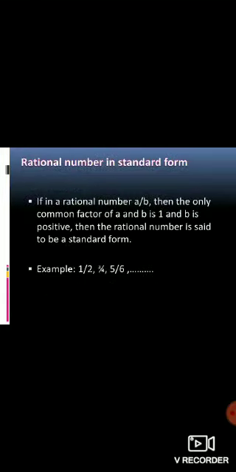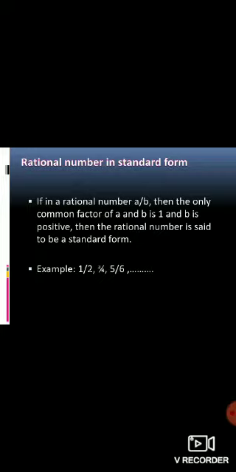Next, rational number in standard form. What is standard form? This is also a definition, you can note it in your note. For a rational number a by b, the only common factor of a and b is 1. So if you have a rational number like 1 by 2 and you take the common factor, that is the HCF, it must be 1, and b should always be a positive number.